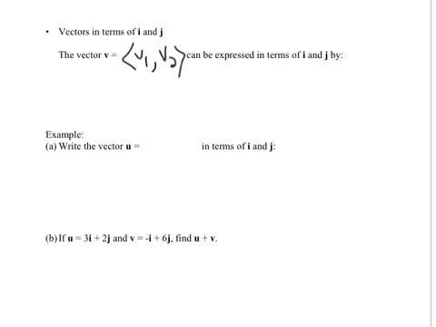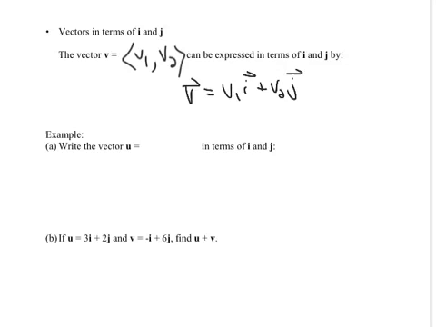So we want to represent a vector in terms of i and j. Here's what that looks like. If I have v1, v2, the vector v can be expressed in terms of i and j like this: v is equal to v1 i plus v2 j. So instead of using the brackets, we use an i and j.